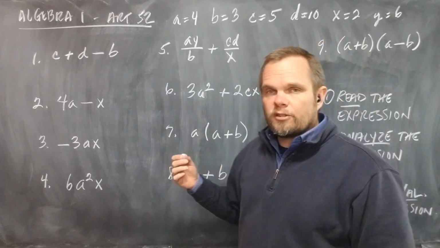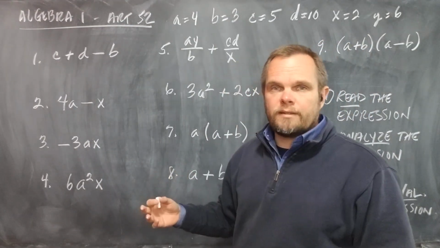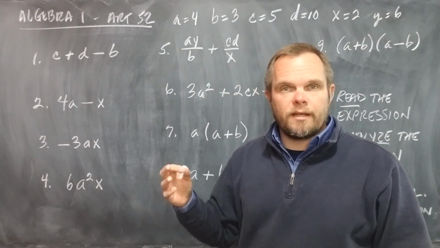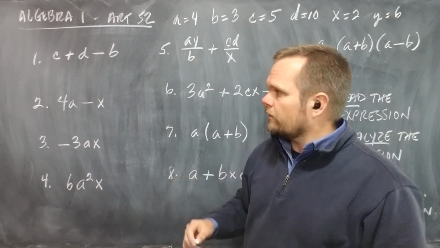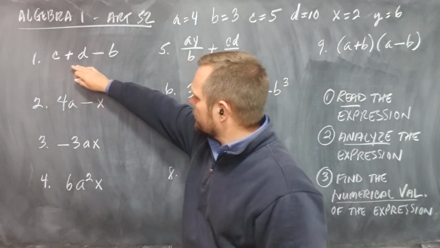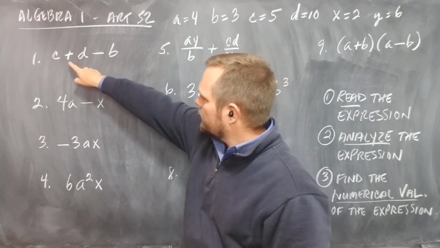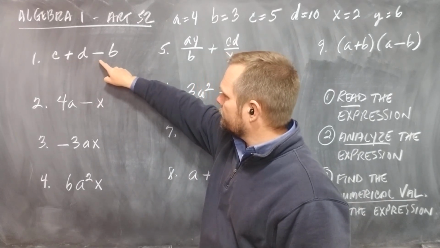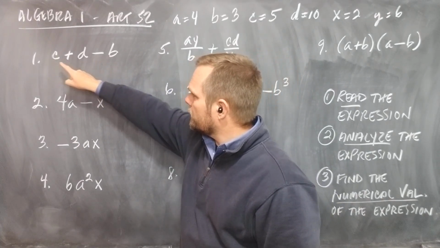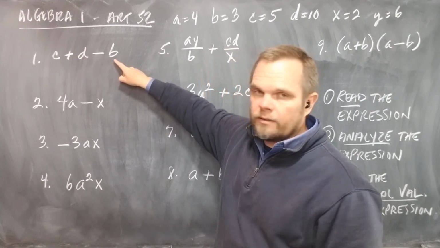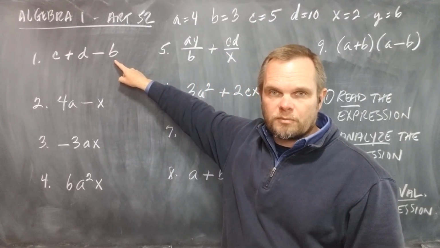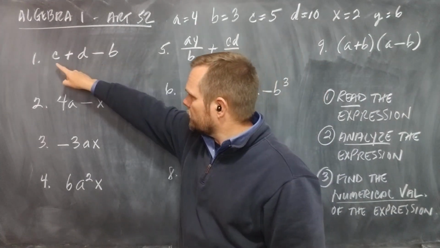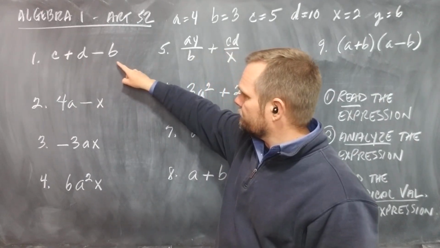We learned that a term was a quantity separated by the signs plus or minus. So when we look at this expression, we see the signs plus and minus, and therefore we have 1, 2, 3 terms in this expression.